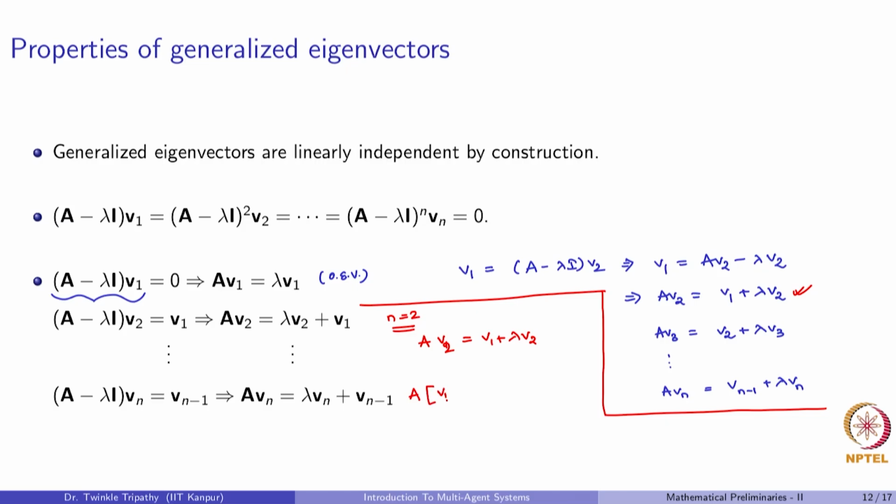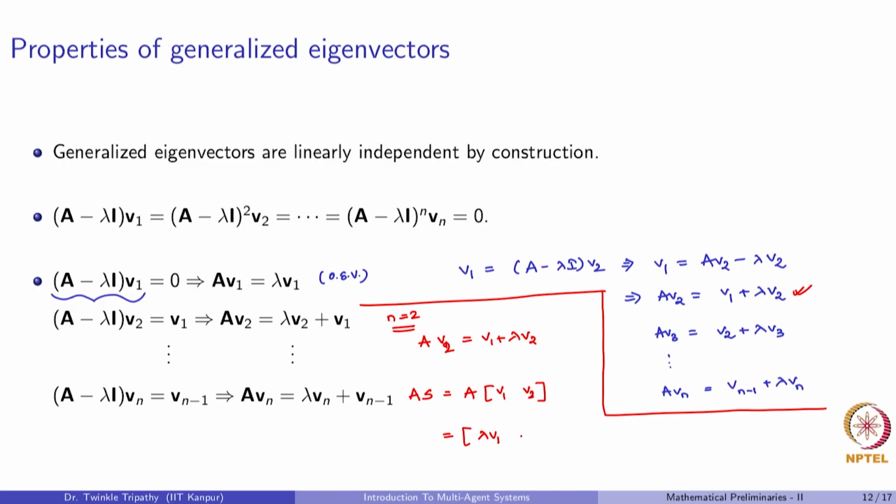So we have this relation AS, where S is nothing but V1, V2. So now we have two eigenvectors V1, V2. Let's see, what is AV1? It is nothing but lambda V1. And what is AV2?